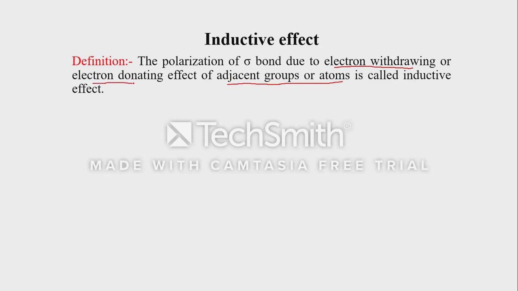If the groups are attached to each other, they withdraw or donate electrons to produce a polarization. The polarization of a sigma bond or covalent bond is nothing but the inductive effect.